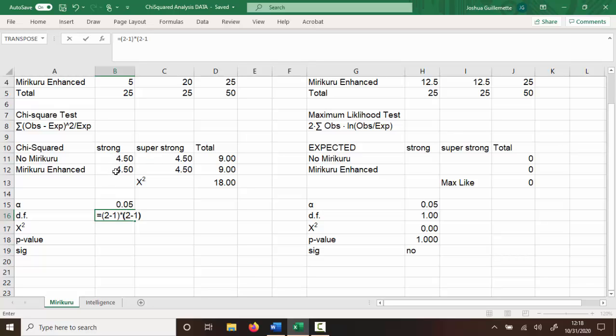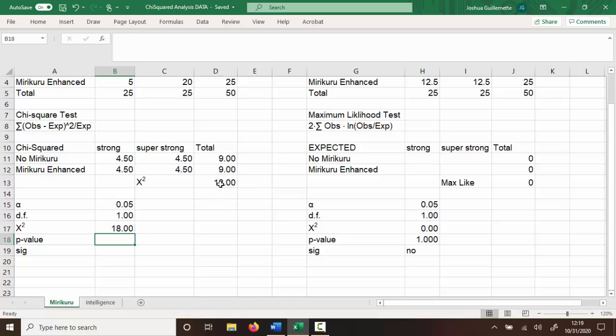And then I'm going to subtract 1 again. And then I hit enter. All right. So this is very much like a 2-sample t-test, right? Where you have to subtract 1 from the total number of observations in each sample. So now for the chi-squared. The chi-squared is just this value right here.